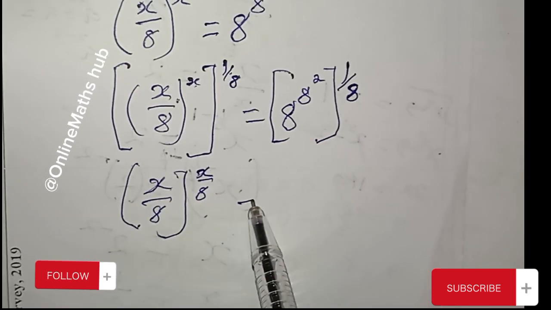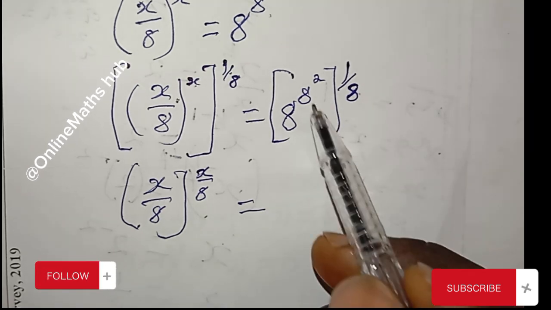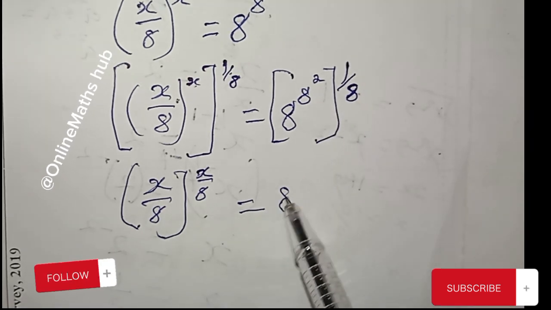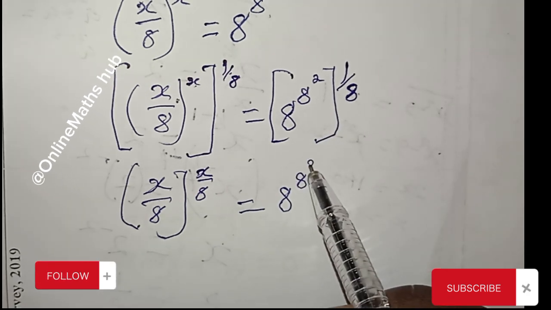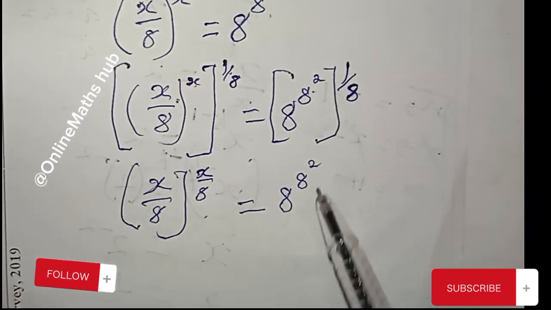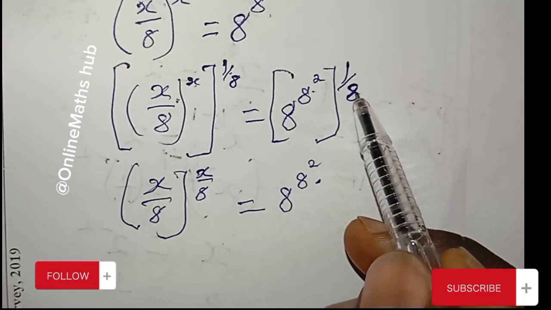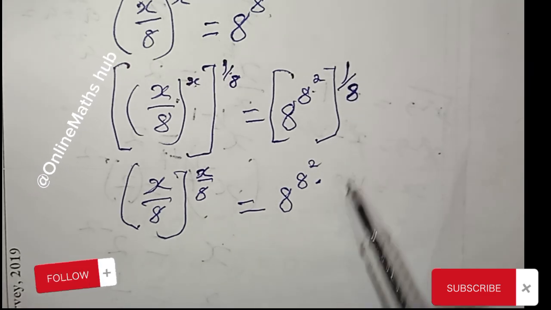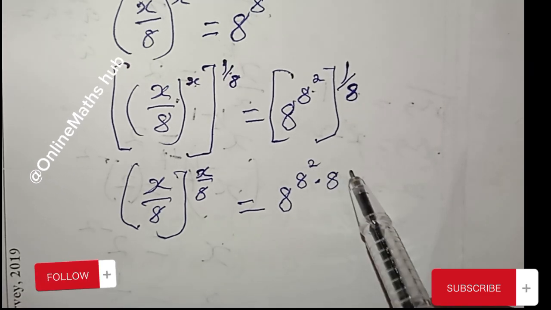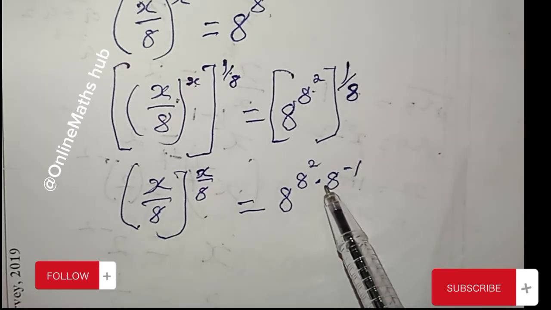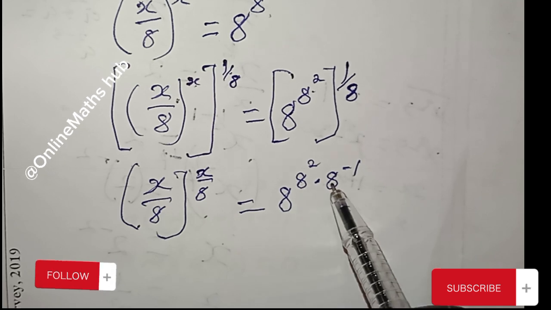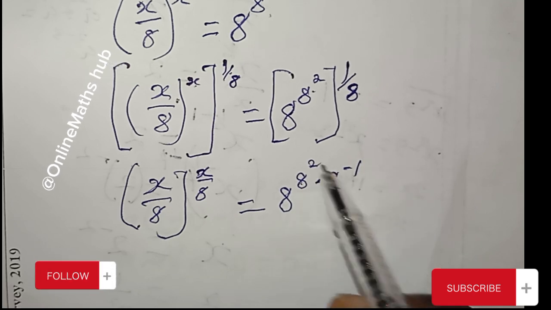On the right hand side, I can write this as 8 power 2, and then multiply by 1 over 8, and of course I can write 1 over 8 as 8 power minus 1. Using the rule of indices, they have the same base, so I just add the powers.